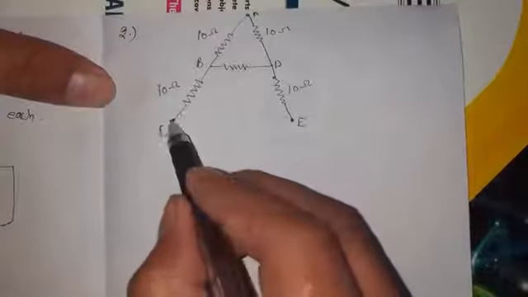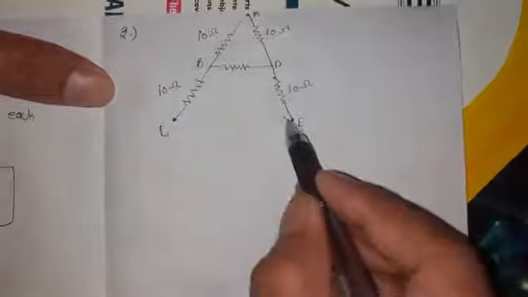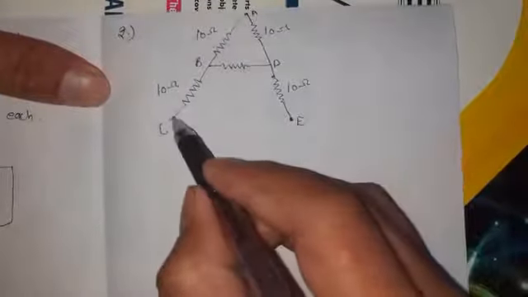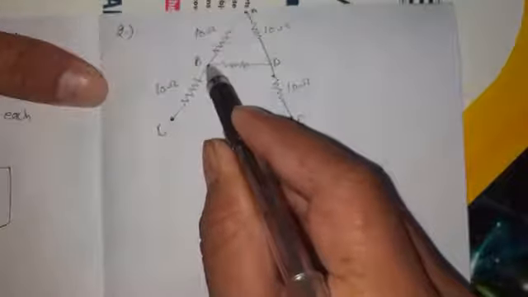Let me check by starting my journey from C, and I want to go to point E. When I go from C, at point B I get two paths.